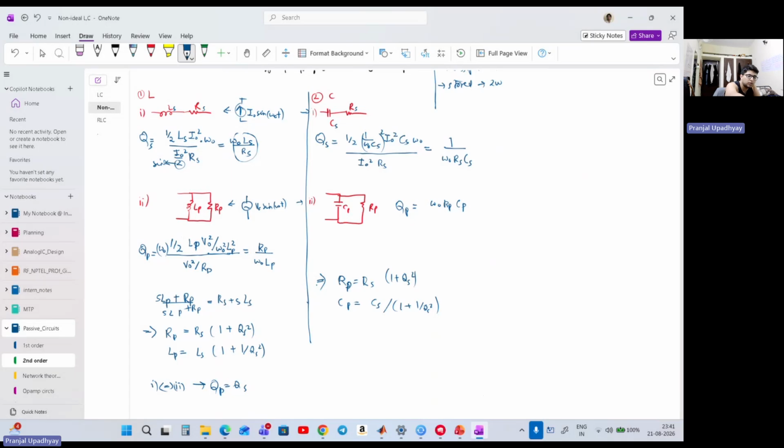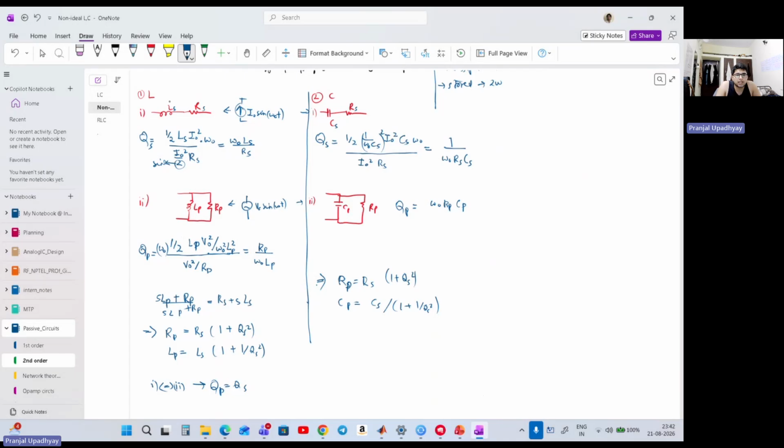Similarly, I subjected this series RC network to a sinusoidal input current, and by doing this calculation, we arrived at this expression for our quality factor.